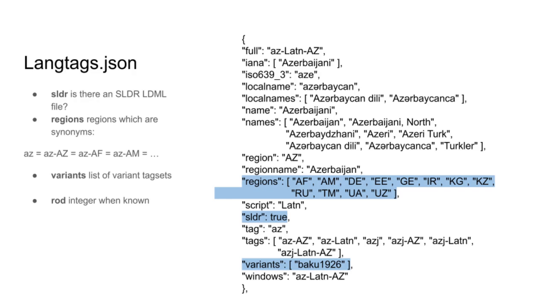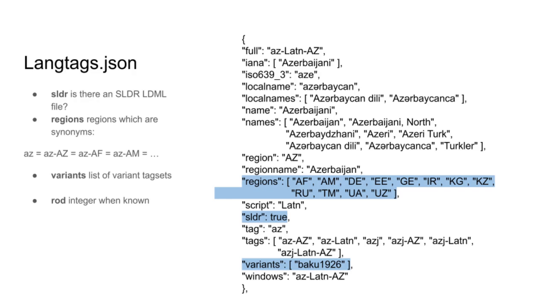So AZ-AF is also equivalent to AZ, and AZ-AM, and AZ-Latin-AF, and AZ-Latin-AM, and AZJ-Latin, and all of those are equivalent. And we didn't unpack them all in the tags, otherwise we'd be there all day. We just list the regions and let you swap them in for all the other tags.